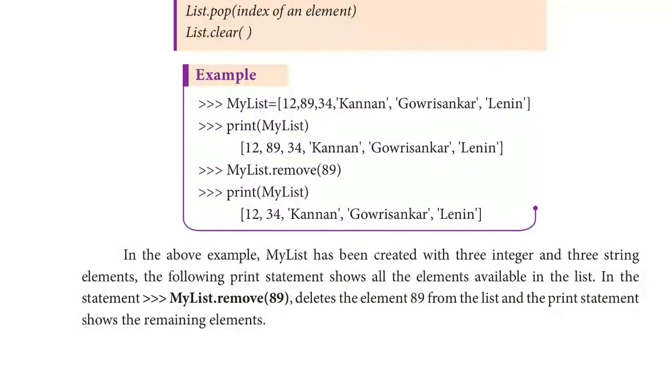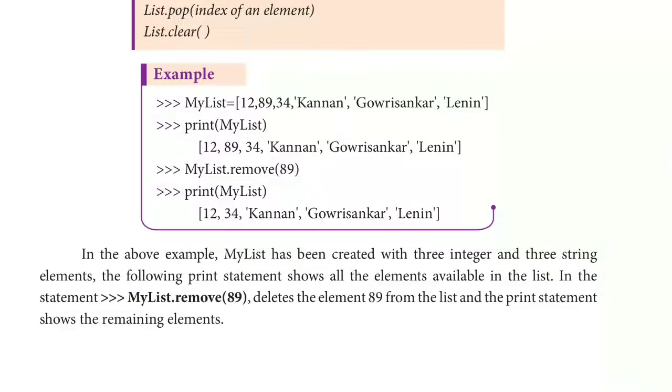So in the above example, my list has been created with 3 integer values and 3 string elements. The following print statement shows all the elements available in the list. The statement my list dot remove 89 deletes the element 89 from the list, and the print statement shows the remaining elements.